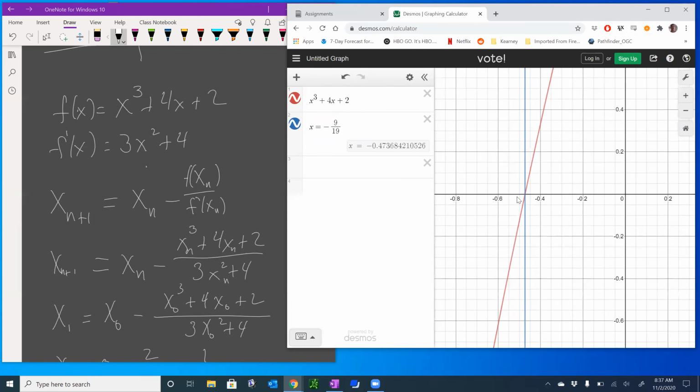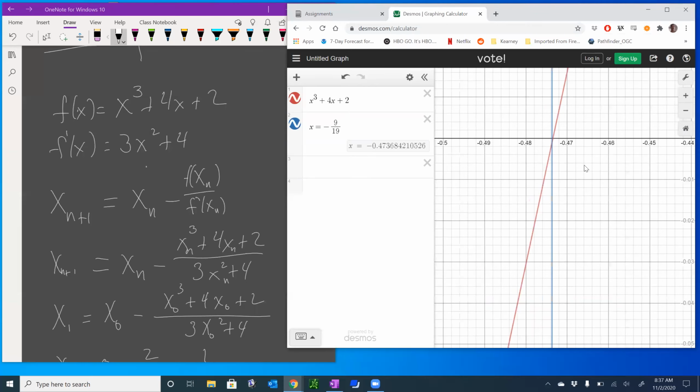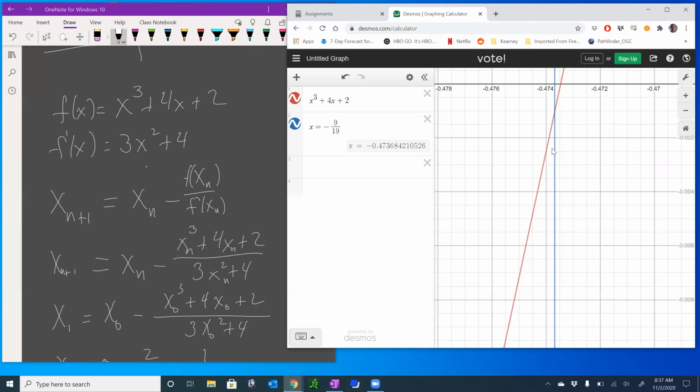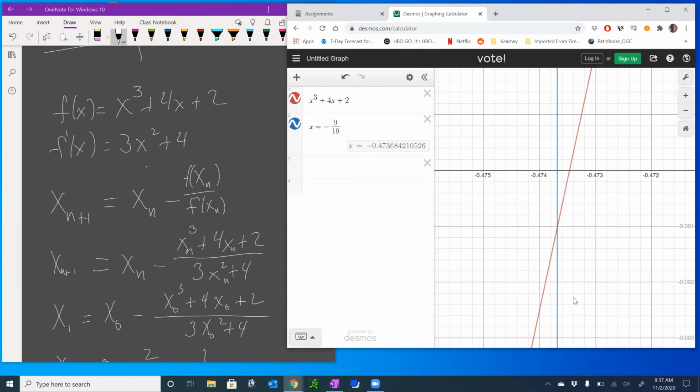So the blue line is our approximation. The red is the actual function. So we're really pretty close. I have to zoom in quite a ways before I see that that's not actually the root, right? We're just a little bit too much.